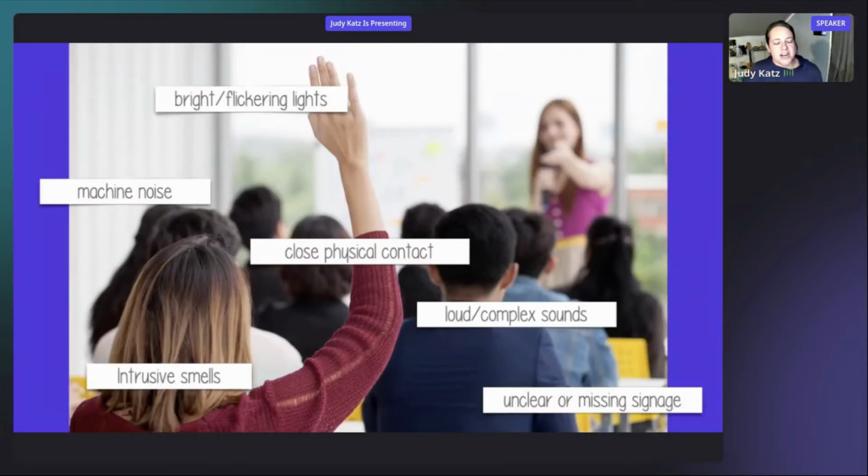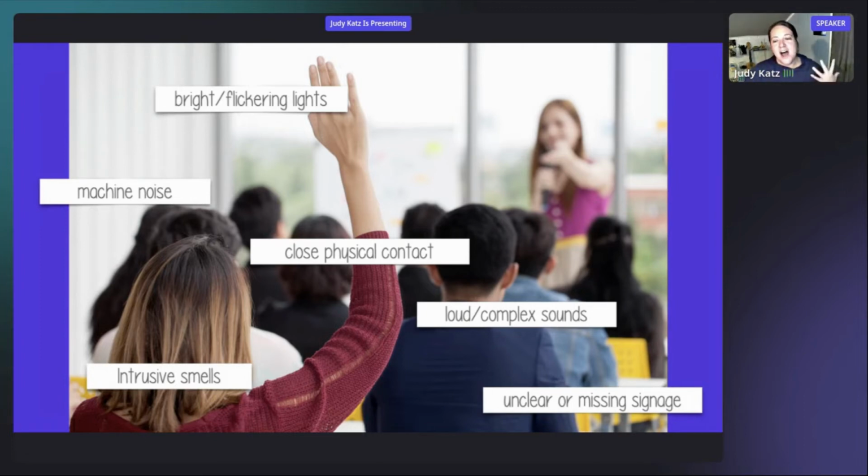Now, instructor-led training can be extremely difficult for autistics in particular. Also a lot of this applies with ADHD, but in particular, autistics tend to have sensory sensitivities that come into play with instructor-led training. So I tried to find the stock image that looked the most like hell for me, for an autistic person going into an instructor-led training.